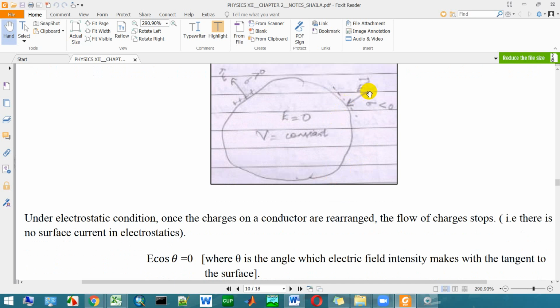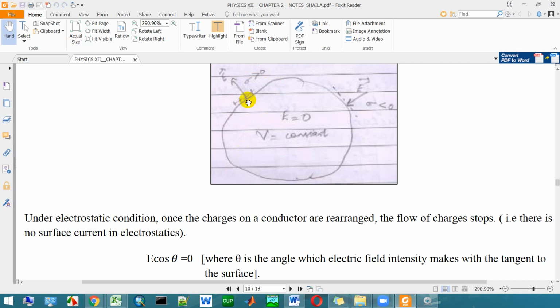Suppose I take the direction of electric field somewhere like this. So what will be this E cos theta? Theta is the angle between the direction of the electric field which I am assuming and the surface of the conductor.